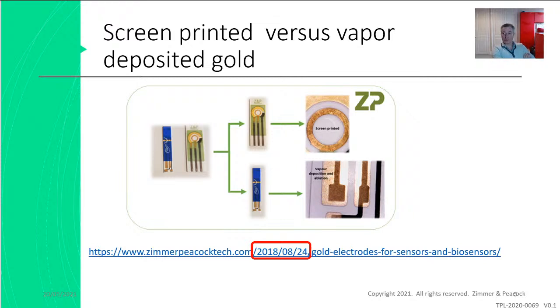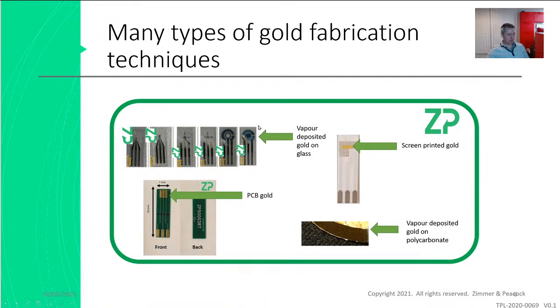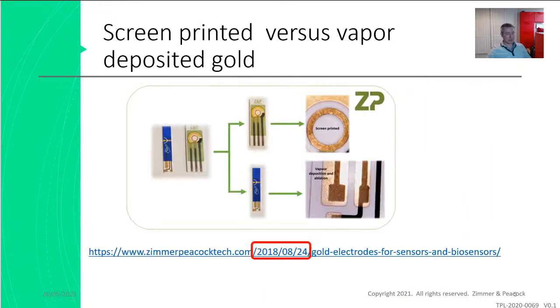but of course smoothness can be a benefit and a disadvantage. The disadvantage is that smoothness means you essentially have less surface area.